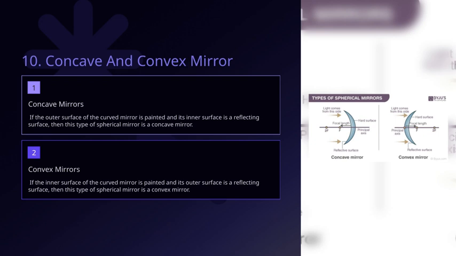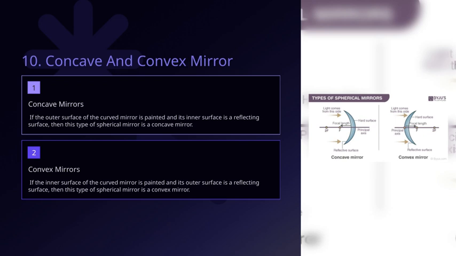Now, on the other hand, we have convex mirrors. Here, the inner surface is painted, and the outer surface is the reflective part. This means the mirror bulges outward, like the back of a spoon. Convex mirrors cause light rays to diverge, providing a wider field of view. That's why they're commonly used as rearview mirrors in vehicles or in security areas.